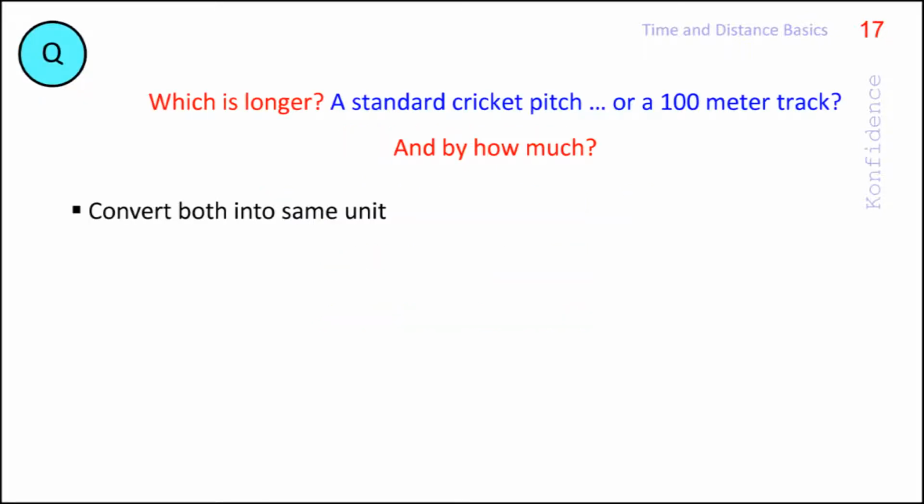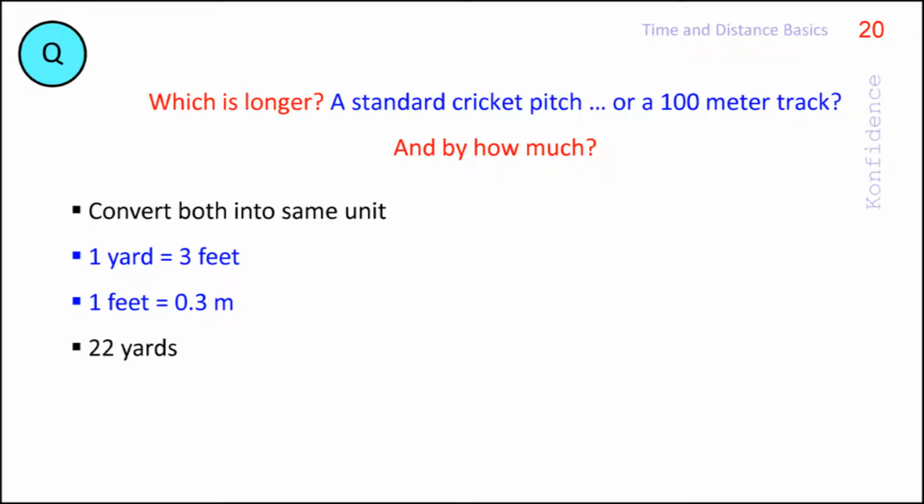If you want to compare these two, as of now, it is like comparing apples and oranges. They are not in the same unit. We need to convert both of them either into yards or into meters. Let us convert the 22 yards into meters. You can see that 1 yard is 3 feet and 1 feet is 0.3 meters.